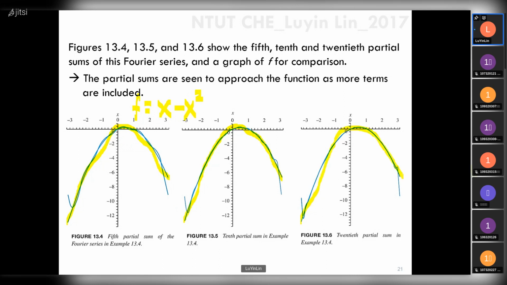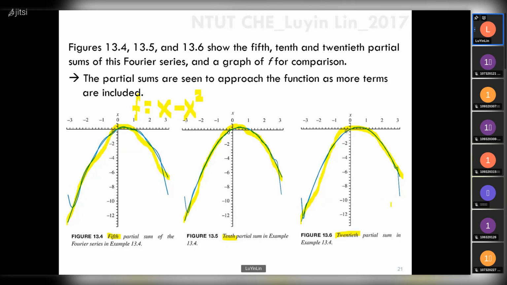In these three figures, f is the same. What is the different part? Please see here. It is 5 terms, 10 terms, and 20 terms. So if you sum up 5 terms, you get this curve. If you sum up 10 terms, you get this curve. If you sum up 20 terms, you get this curve.